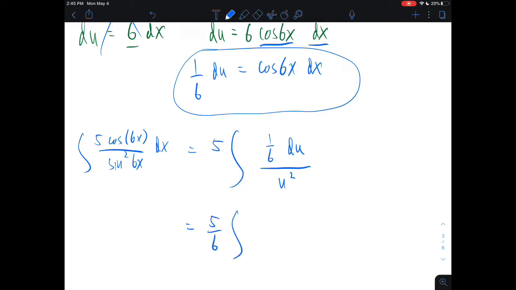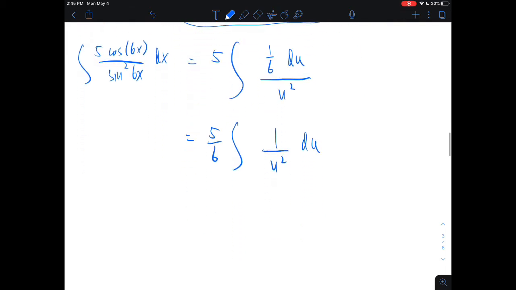And then my integrand, you could see it written as du over u squared. Or you could see that written as 1 over u squared du. Be comfortable with the fact that those are both exactly the same thing. Du over u squared is exactly the same thing as 1 over u squared times du.